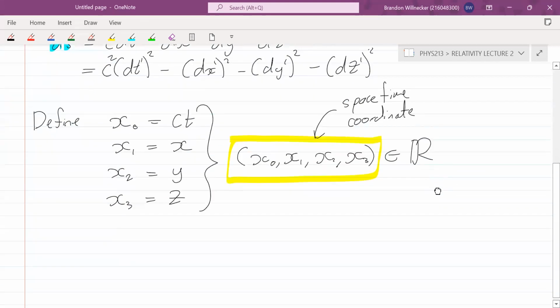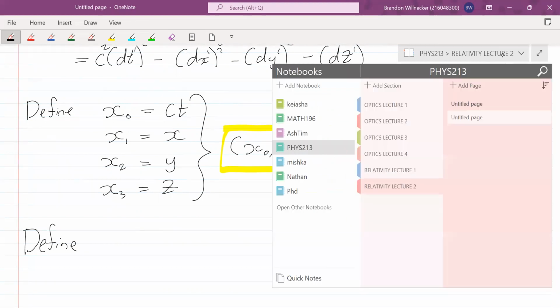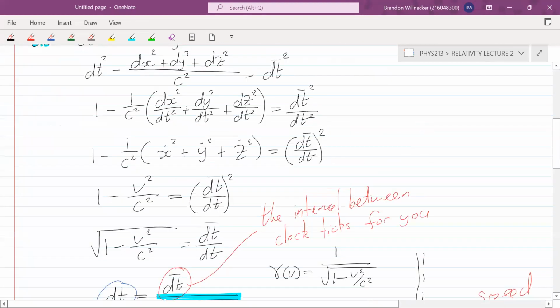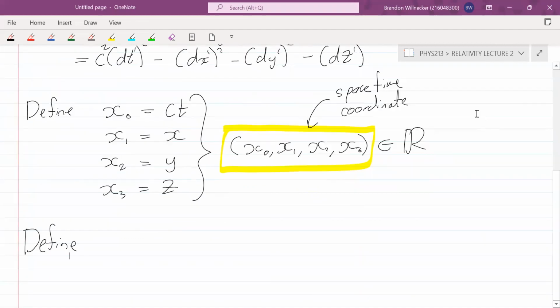Okay, and another thing that we need to define, if we look back at our definition of gamma, we had this relationship between the velocity and the speed of light. It was v over c. That ratio of your velocity versus the speed of light, we also give a name, we call it beta. It's going to be v over c.